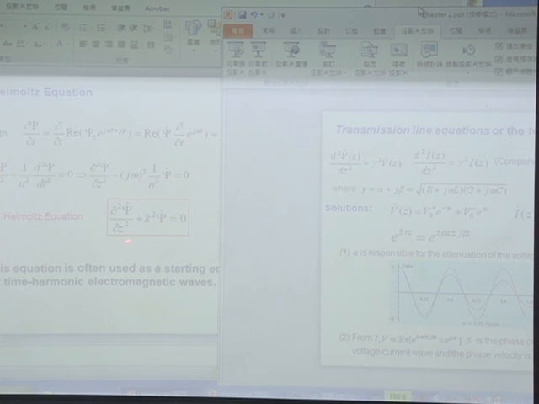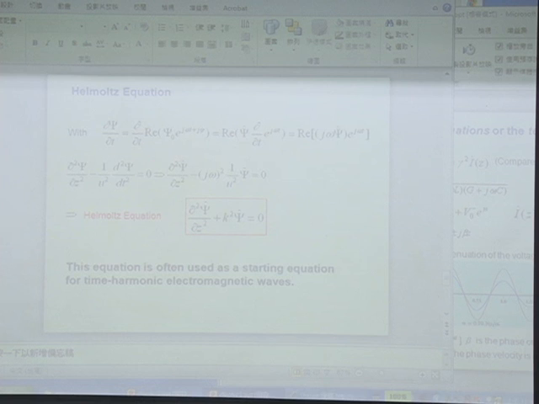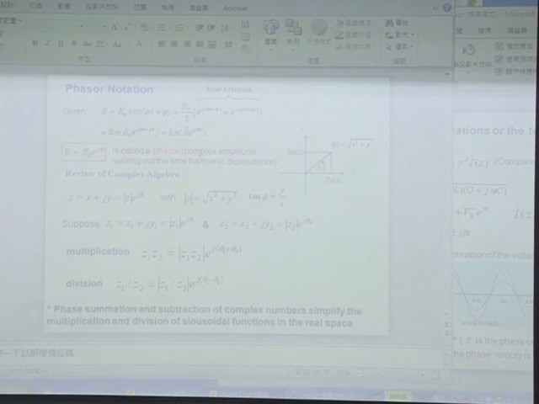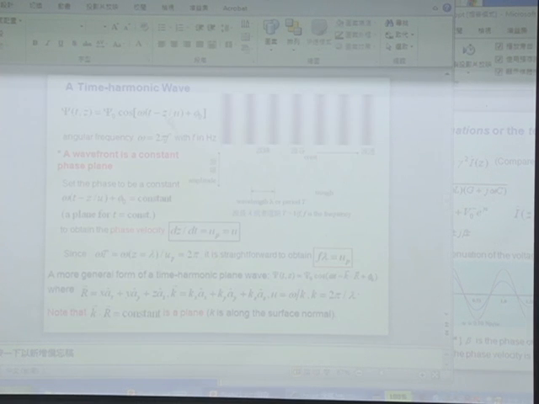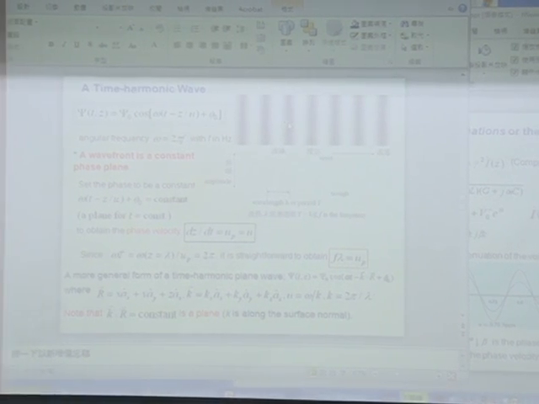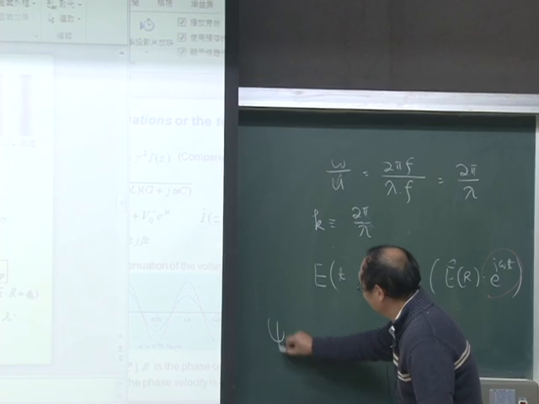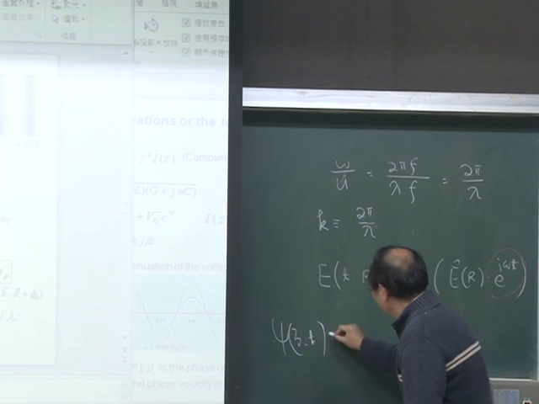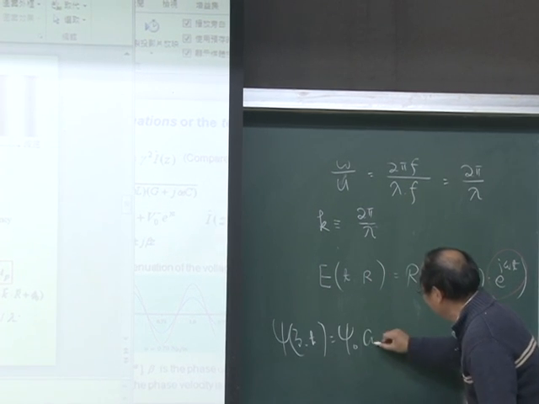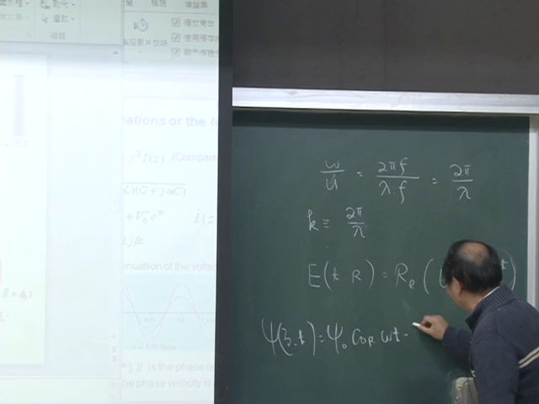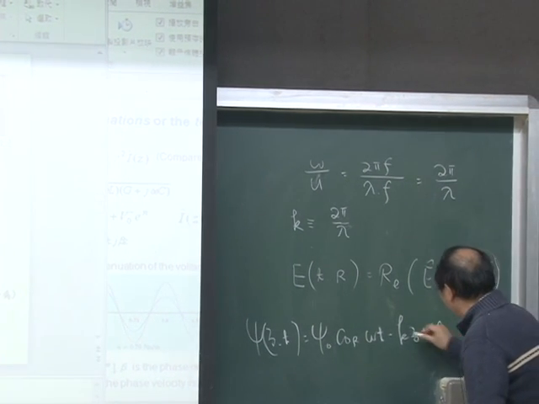你已经知道这个的解。OK，这个解是什么？Let's go back。这个解呢是这个样子。You have a solution for the Helmholtz equation that is z(t) equal to some amplitude and then cosine omega t minus kz plus some phi.